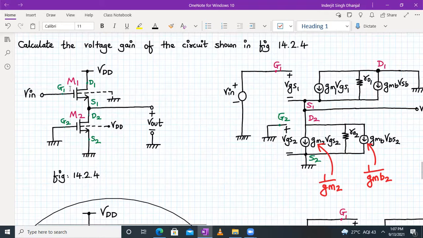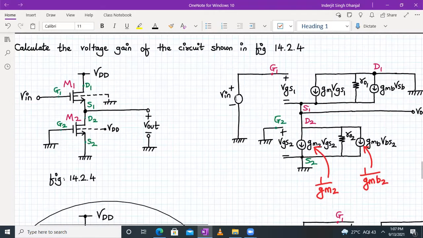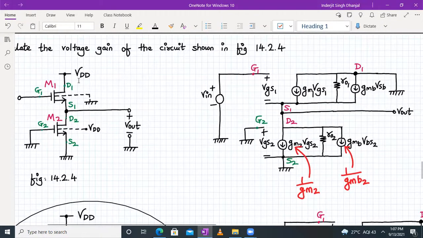So we'll draw the small signal model for the M1 transistor and also for the M2 transistor. Let us begin with the M1 transistor. M1 is suffering from body effect, and M2 is also suffering from body effect in this case. Both are suffering from body effect, so the gmb term will come in both cases.